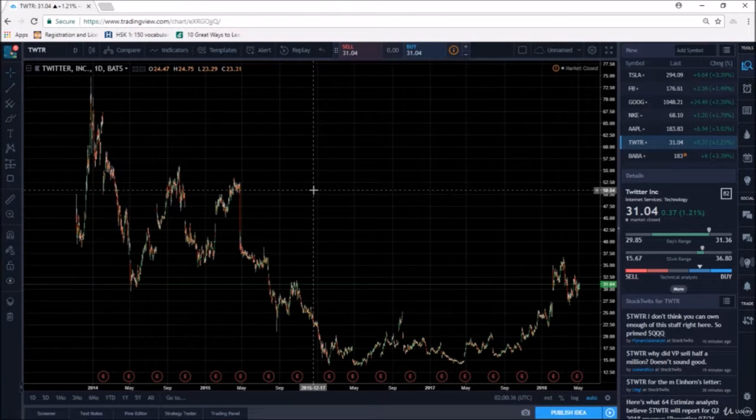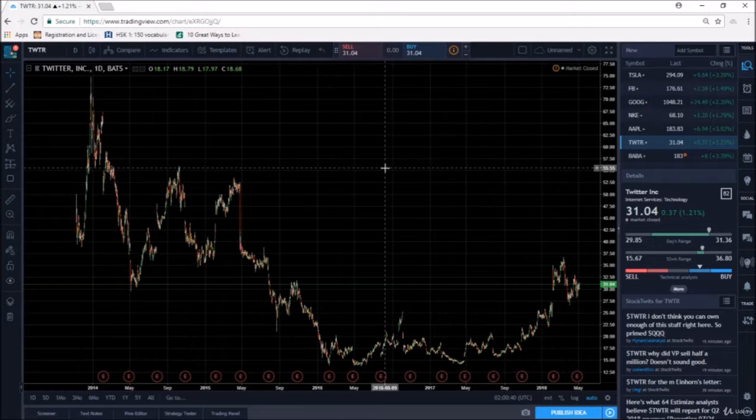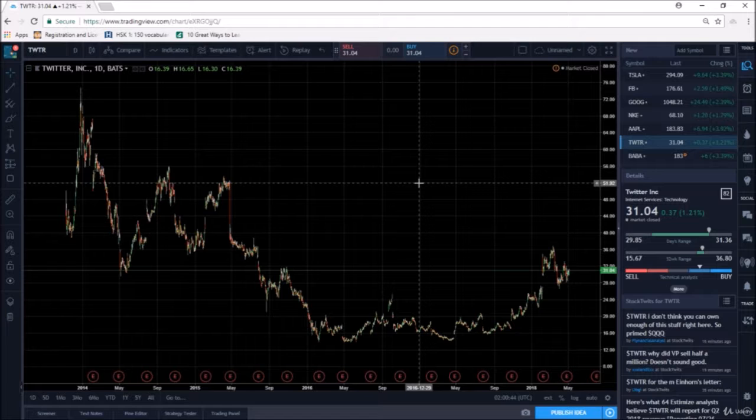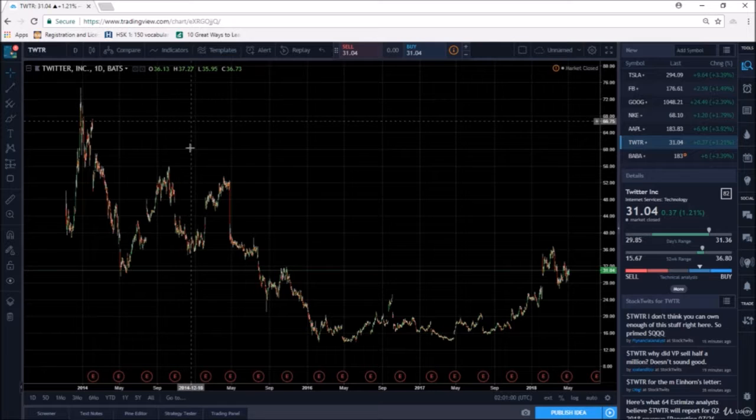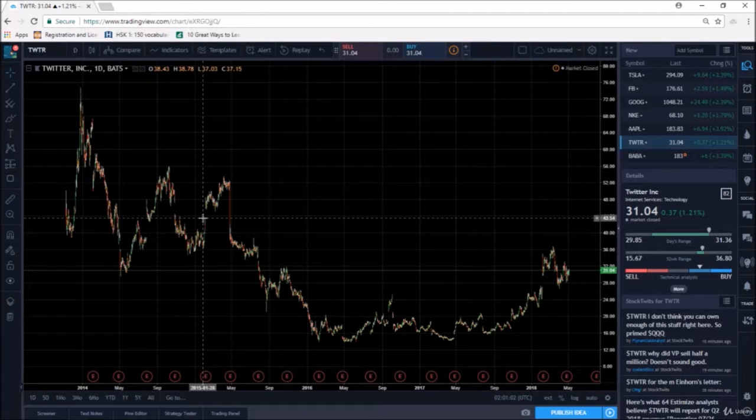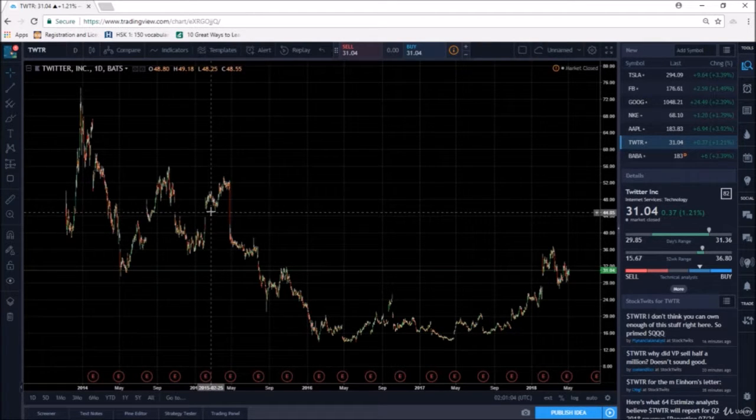So in order to do a better analysis, a clearer picture of which direction the price goes, and to help you draw the price trend lines, you want to change this daily chart.